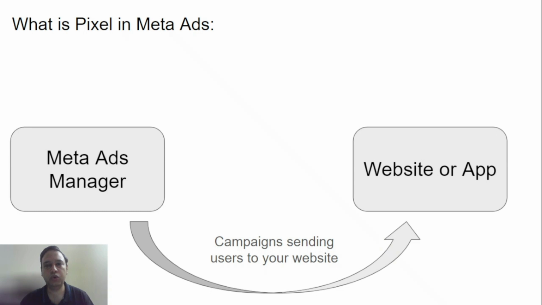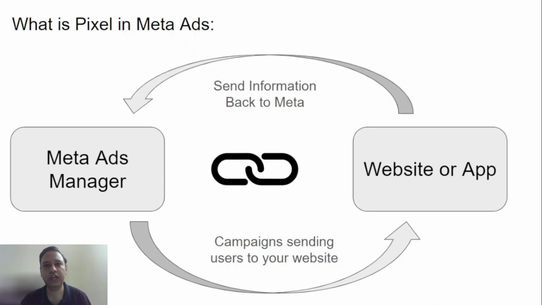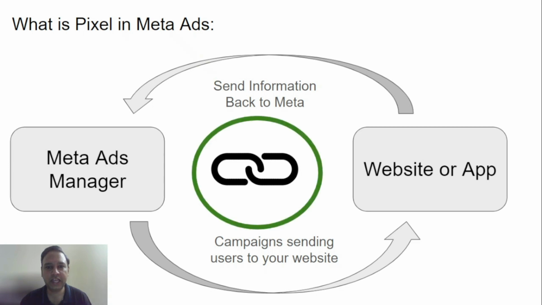But for Facebook to understand and learn the behavior of your users, it needs the right information so that it can optimize the campaign. And that's why it is very important to link your website or app with Meta Ads Manager account so that you can send information back to Meta about what is happening on your website from these campaigns. And this link is called the pixel, right?